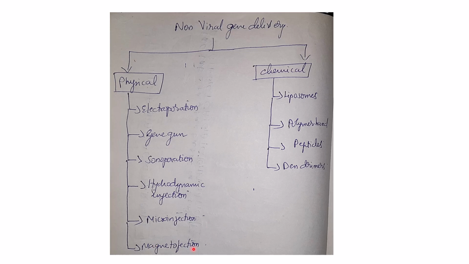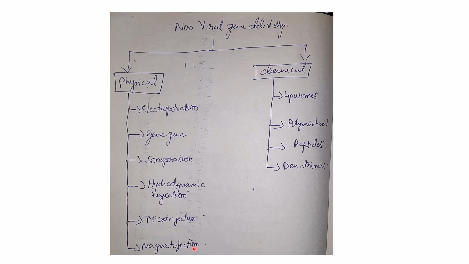And there is magnetofection, that is magnetic nanoparticles. They will carry the gene, and these magnetic nanoparticles will be directed to the target cell by the application of an external magnetic field, and this will enhance cellular uptake.